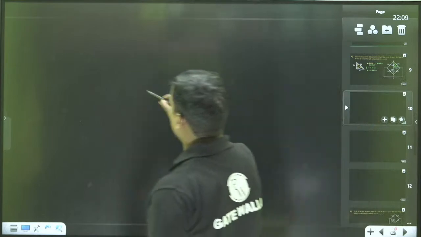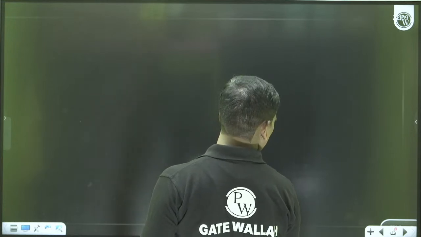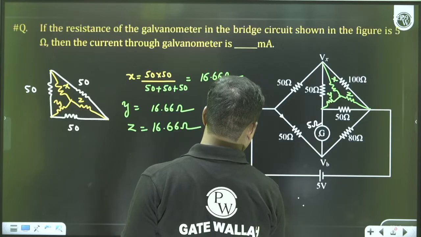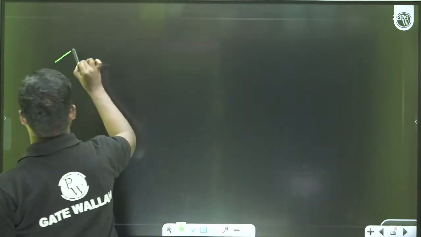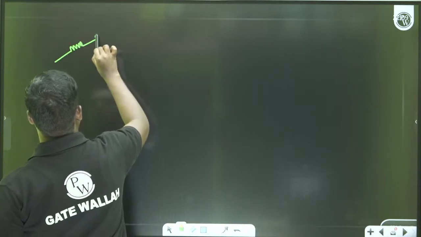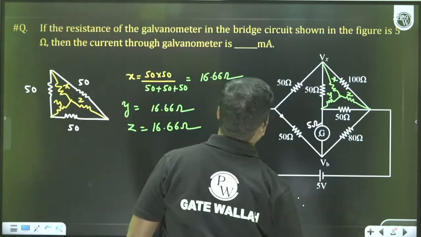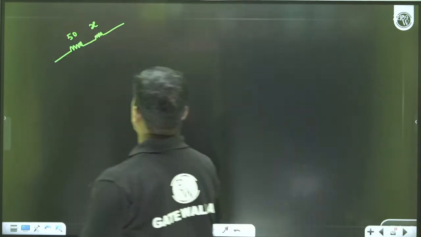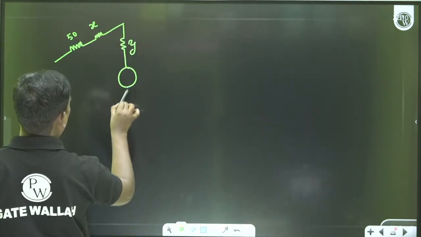So here comes 50 and X, Y comes here, and there is a galvanometer.